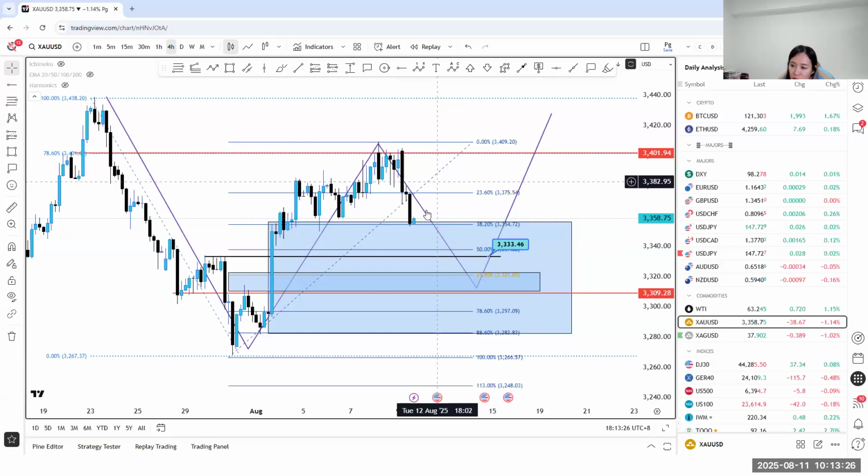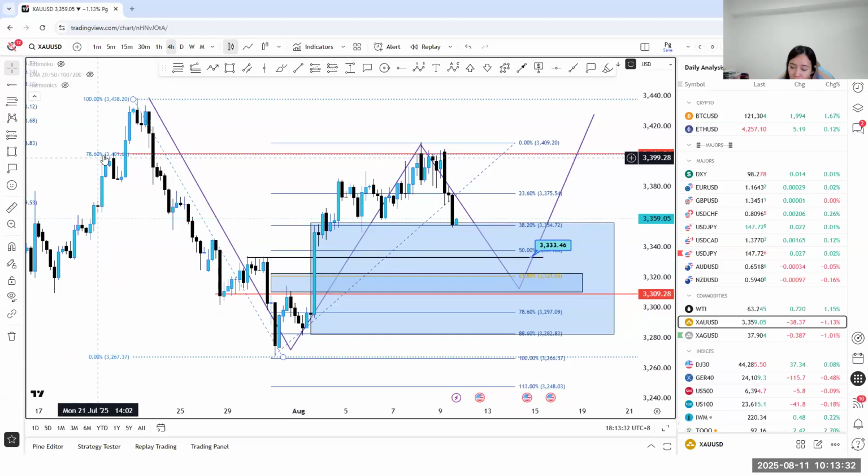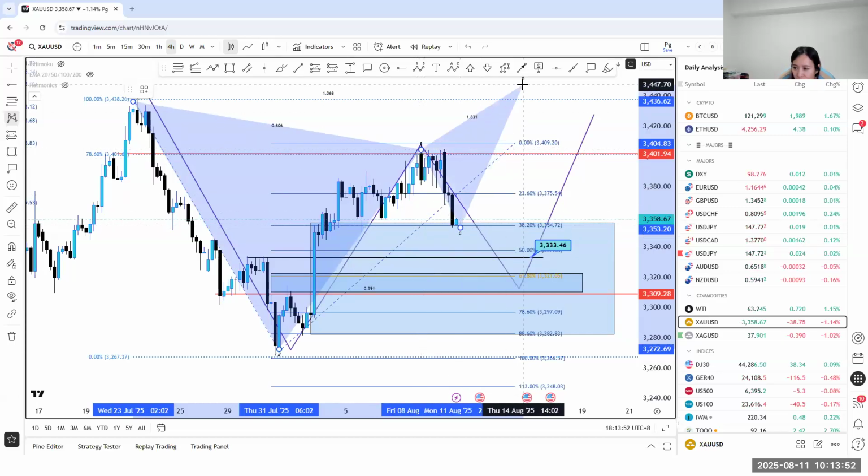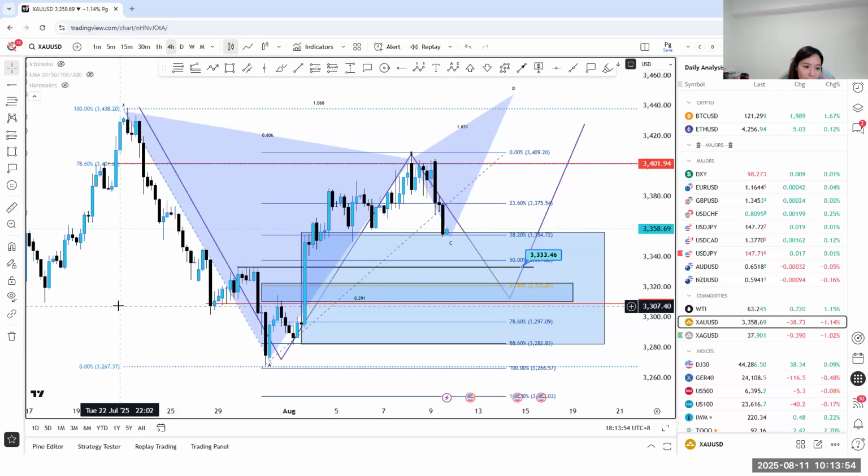we may say that this is going to be a harmonic pattern, which is what pattern? What pattern is it, guys? What pattern is that, where B retraces 78.6%? You guys still remember? Anyone?